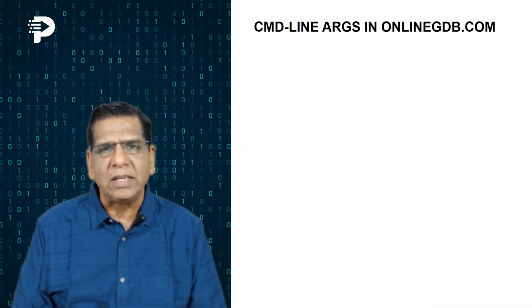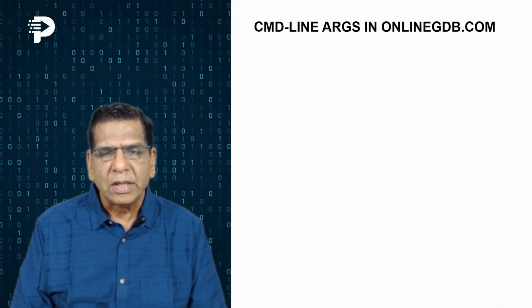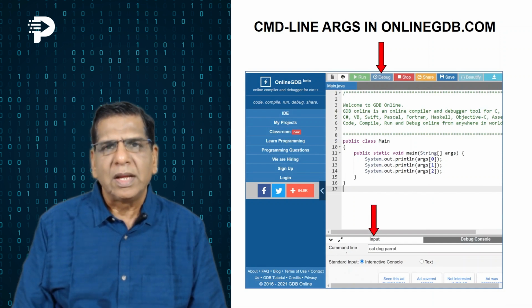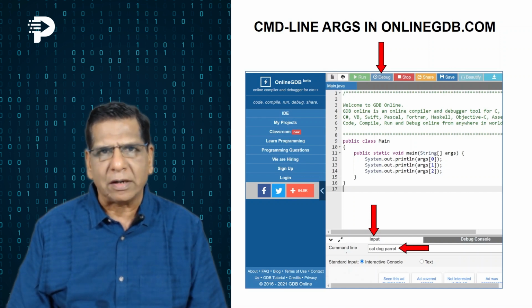For example, if you are trying to run a program straightaway on the web by using something like onlinegdb.com, then you will be required to give the command line arguments through this input tab. So first go to the debug tab, within that select input and then give the command line maybe as cat, dog and parrot.